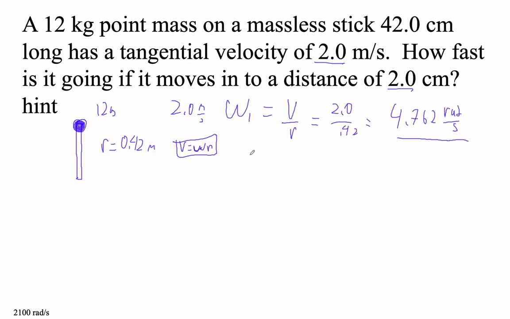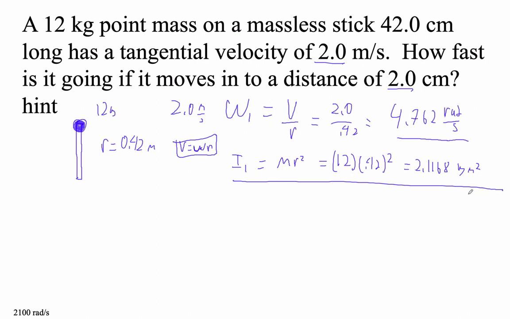And our initial moment of inertia is mr squared. So 12 times 0.42 squared is 2.1168 kilogram meters squared. And then let's figure out the I2.